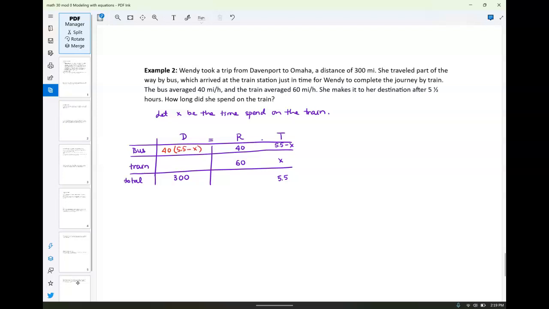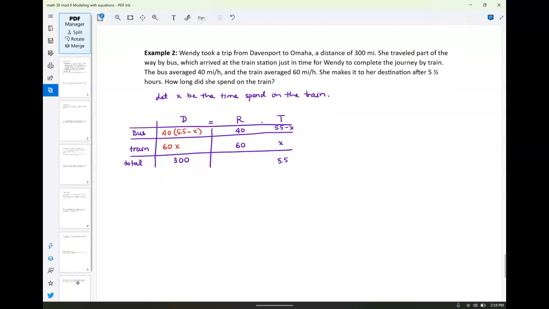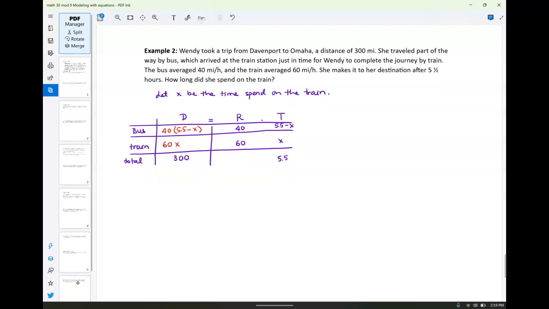The distance traveled by train is 60x. The total distance traveled by bus and train is 300. So 40 times (5.5 minus x) plus 60x equals 300. We can solve this equation.